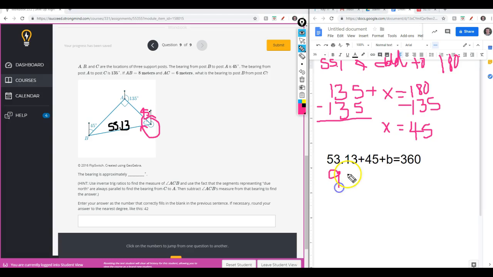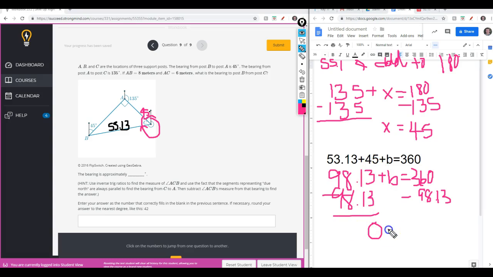So then I have 98.13 plus B is equal to 360. Again, the inverse operation from addition is subtraction. Minus 98.13. 98.13 minus 98.13 is 0.